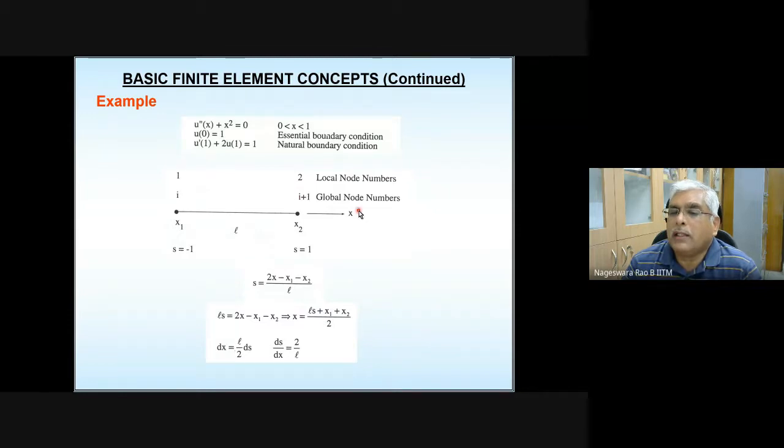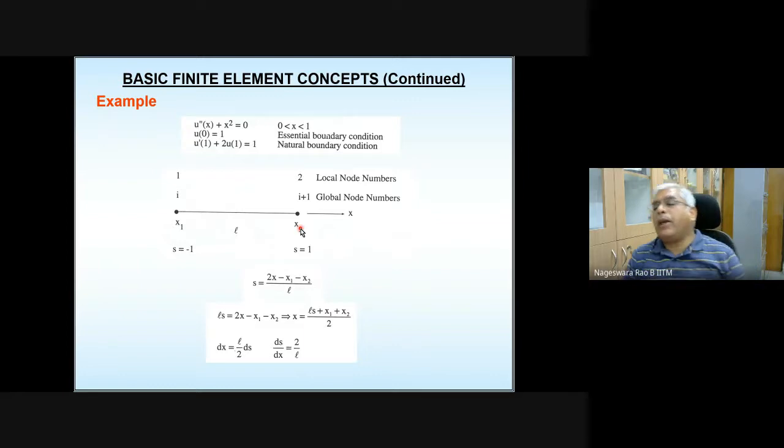And similarly, the first node, the ith node, what is its position? It is x1. The I plus 1th node position is x2. What are these x1 and x2? They are in the global coordinate system. In the global coordinate system, the position of this node is x1, and of this node is x2.